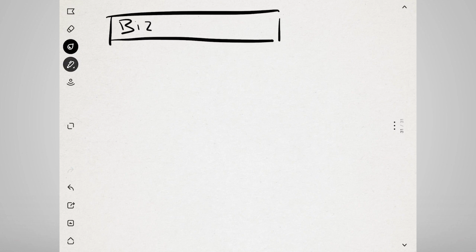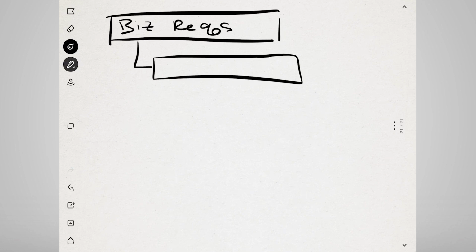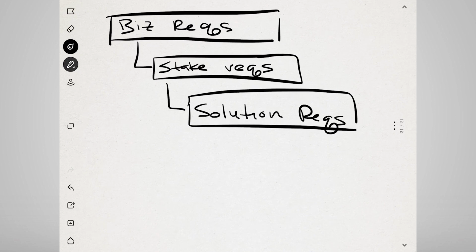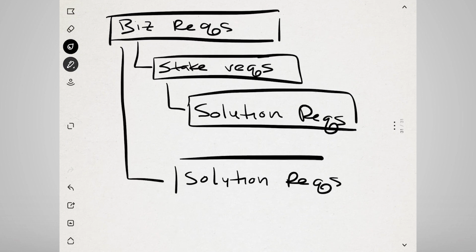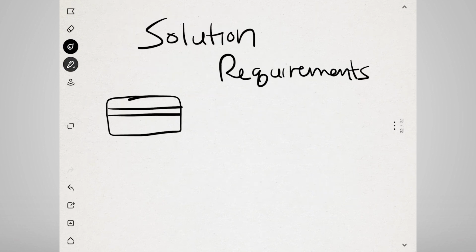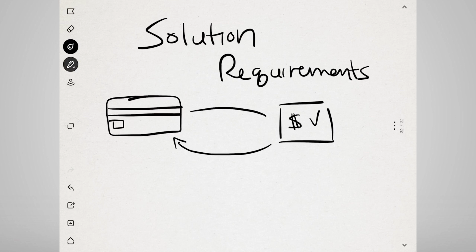Then, after you understand what the stakeholders need to accomplish, those needs get broken down into more specific solution capabilities or solution requirements, which are literally what the system needs to be able to do. These can be functional, like validating credit cards with third-party payment processing.